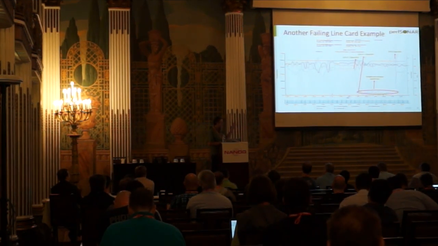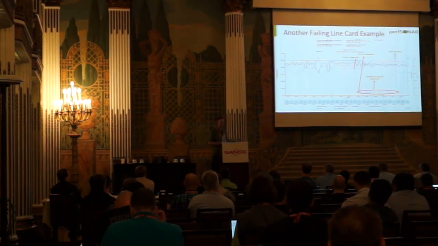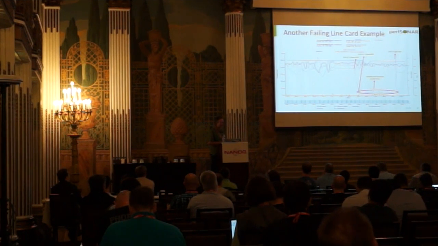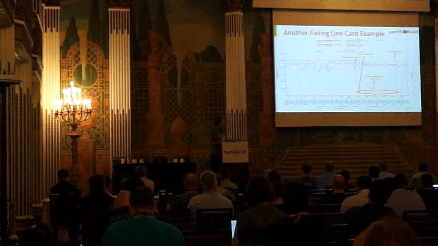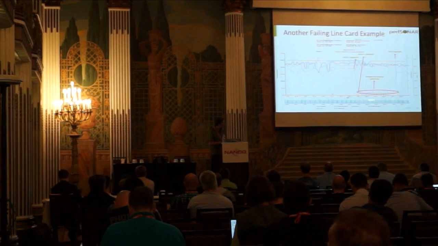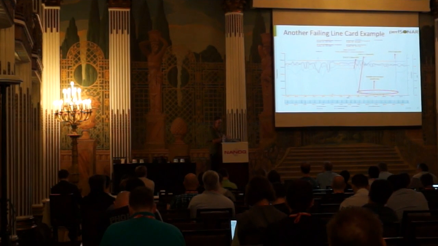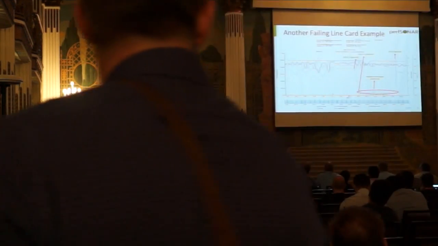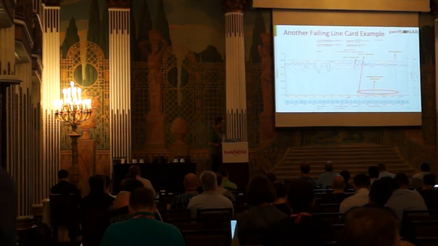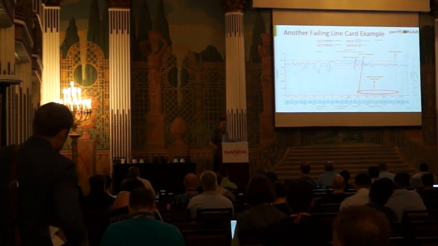Just because you know there's a problem, you don't necessarily know what hop it's on when the error counters are not telling you anything. I don't know how they finally tracked it down, but I do know that by Monday morning they had figured it out, swapped the line card, and everything got better again. But this is a case that only perfSONAR, only the active monitoring, detected. Passive monitoring completely did not detect this.